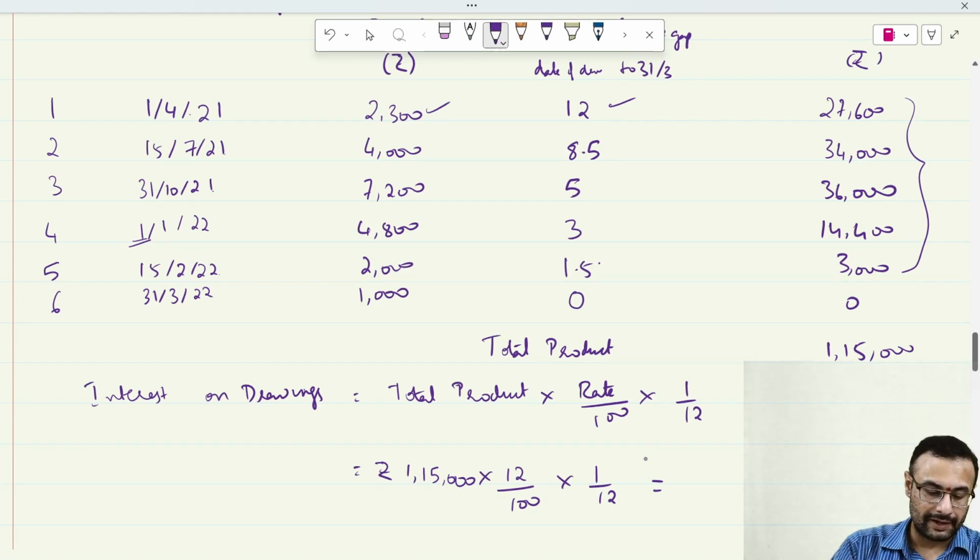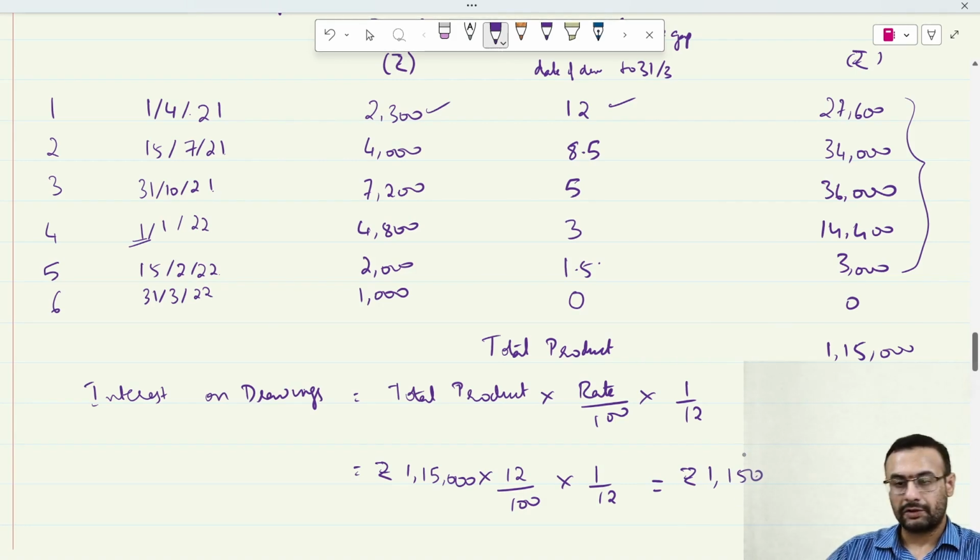Now it will become 1,15,000 into 12% into 1 by 12. It will become rupees 1,150. Total interest is 1,150.